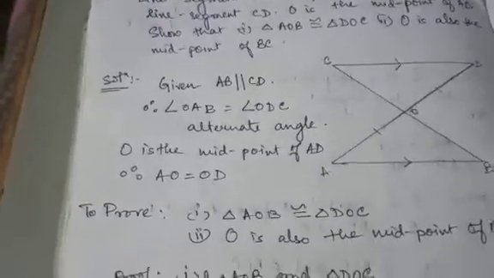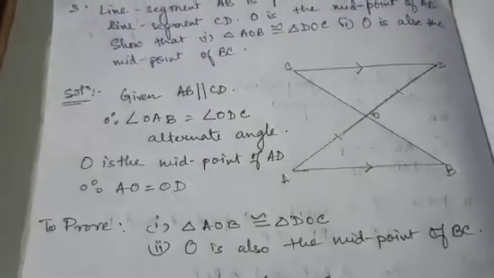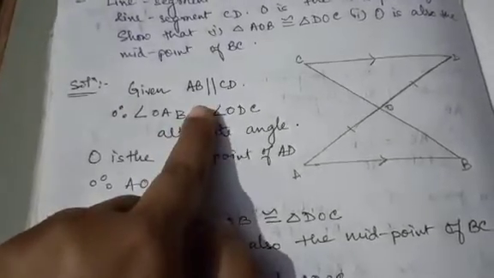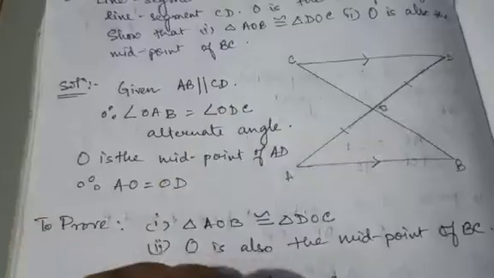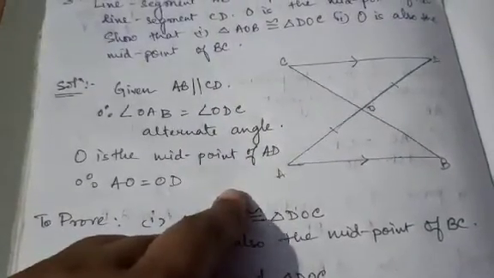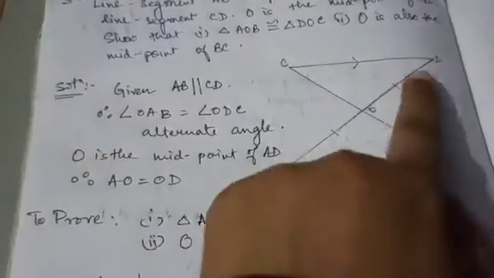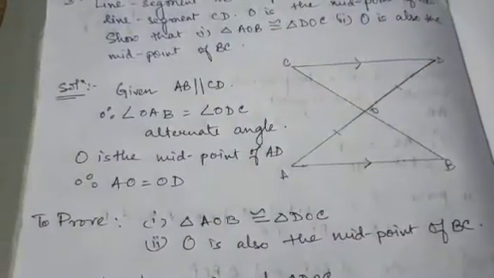Now first, what are we going to write? First we are going to write the given. What is given? Given is AB is parallel to CD. Since AB is parallel to CD, we can say angle OAB and angle ODC are alternate angles.